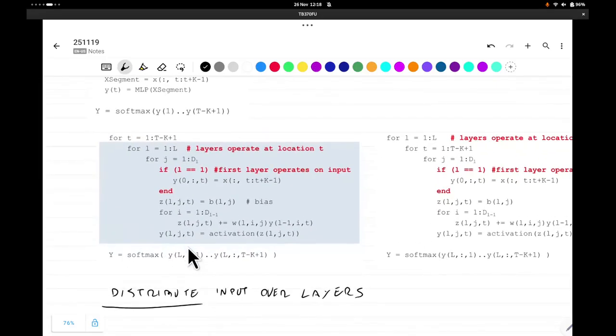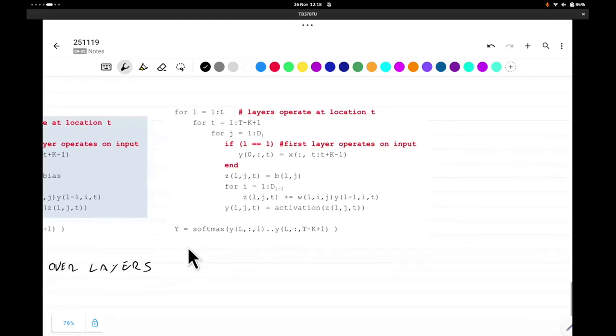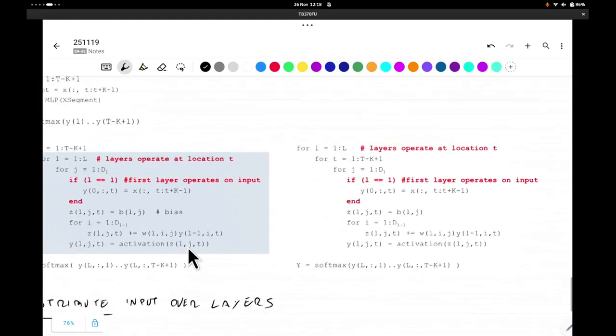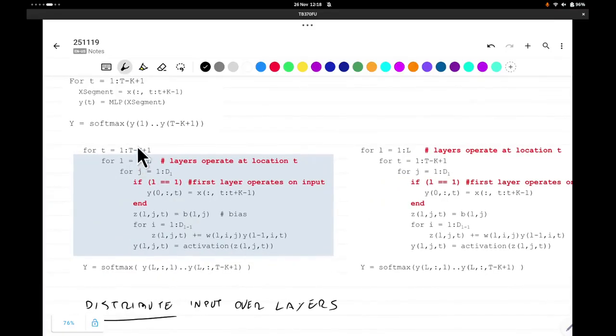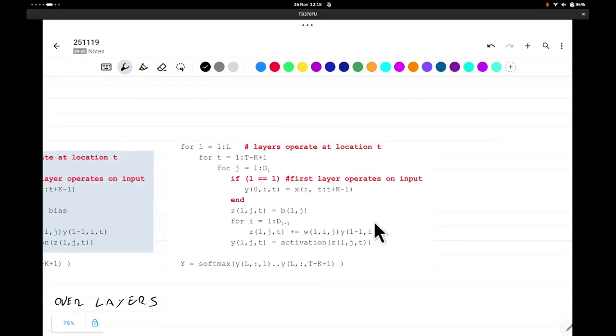And then the next interesting step in order to approach the actual convolutional network is that we realize that there is no operation happening between the loop over time and over a layer, so we can invert them. So we do a loop over layer and then a loop over time.